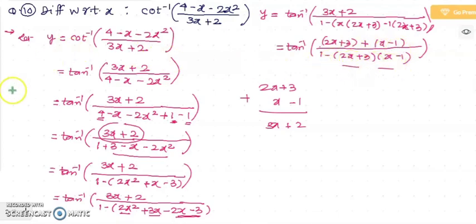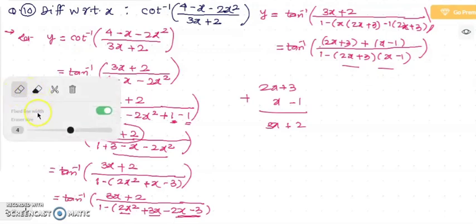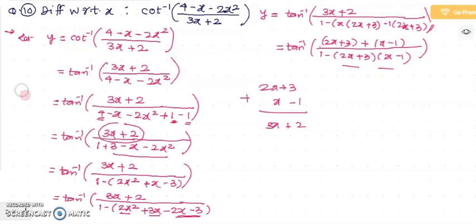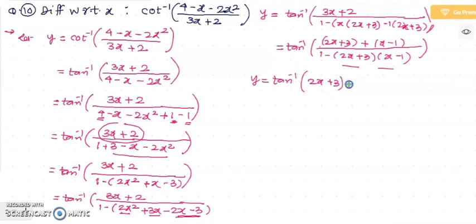Now it fits in the formula which we are familiar with, and therefore we can now write y is equal to tan inverse of 2x plus 3, formula is going to be used, plus tan inverse of x minus 1, because it's tan inverse of x plus y divided by 1 minus xy format. So it's tan inverse x plus tan inverse y.